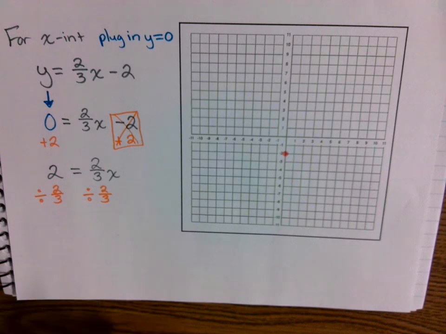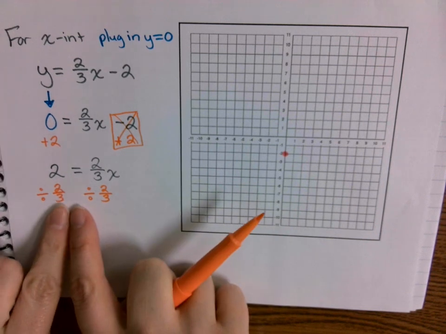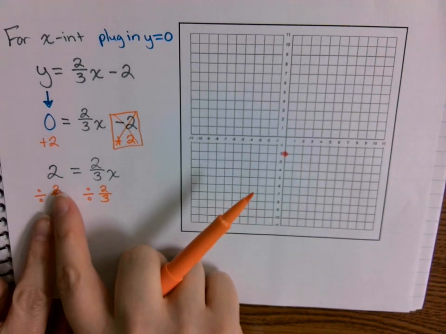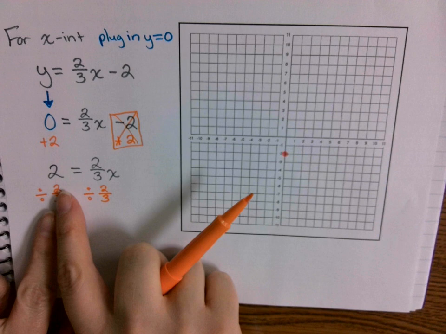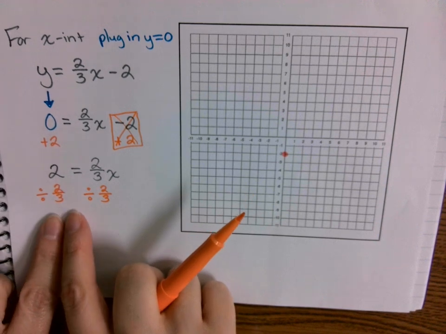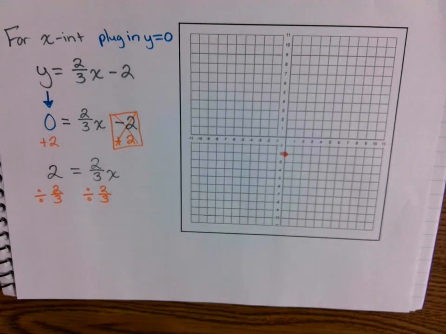Good. And we are really multiplying by the reciprocal of the fraction. So we're not going to divide by 2/3. We're really going to multiply by 3/2. Remember, there's no such thing as division of fractions. It's all just converted into multiplication, but you multiply by the inverse or the reciprocal of that fraction.